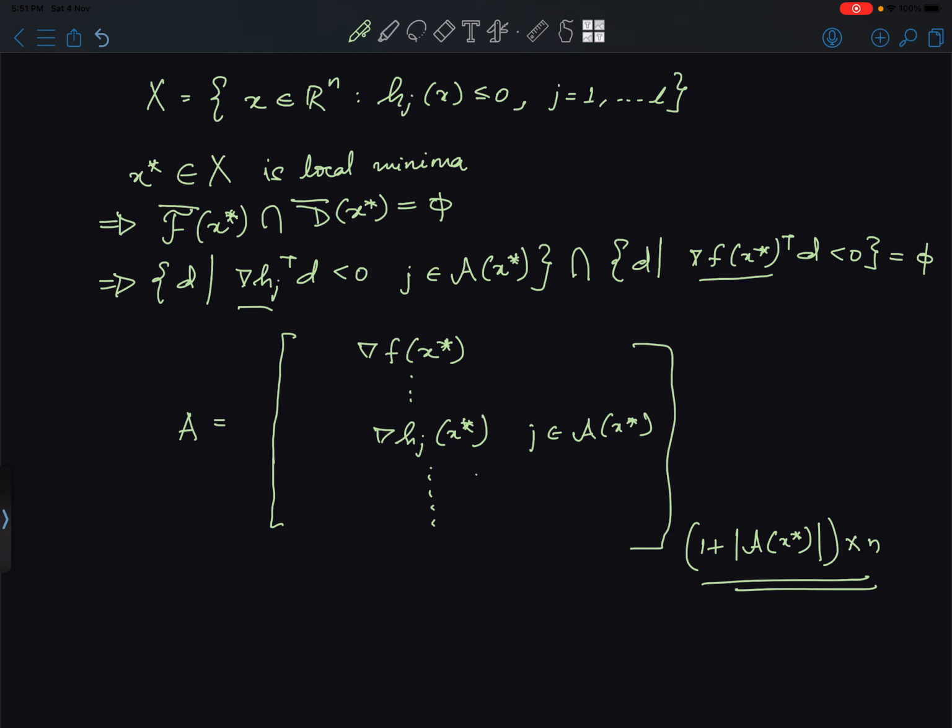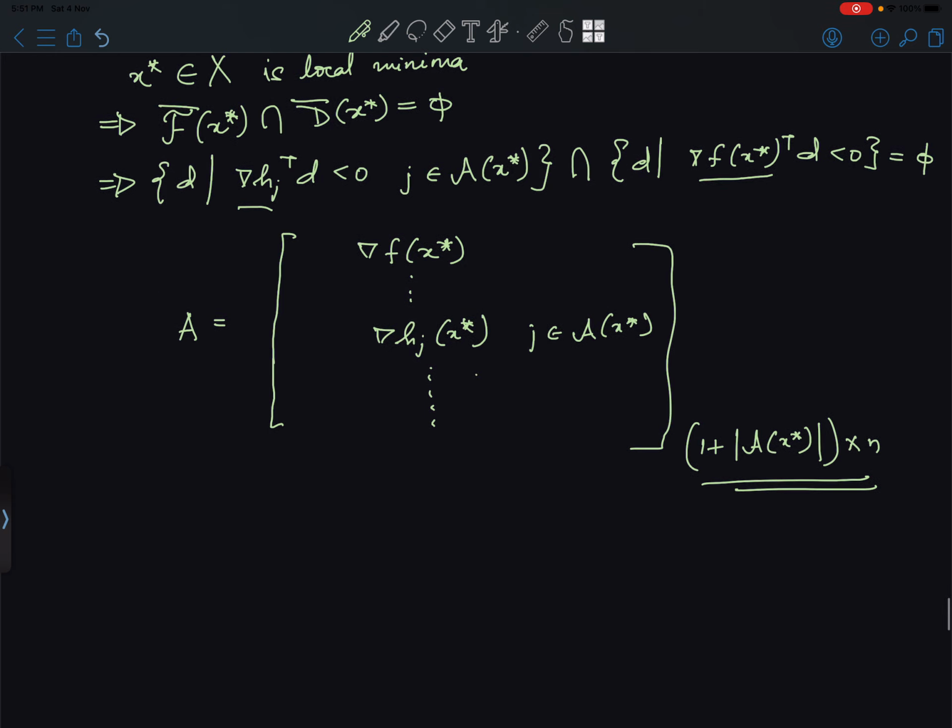So suppose x star is a local minima, this implies that the set of all the vectors d which satisfy this condition, A times d less than 0, is also a null set, right?